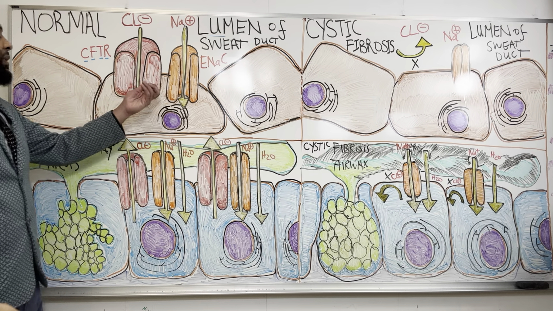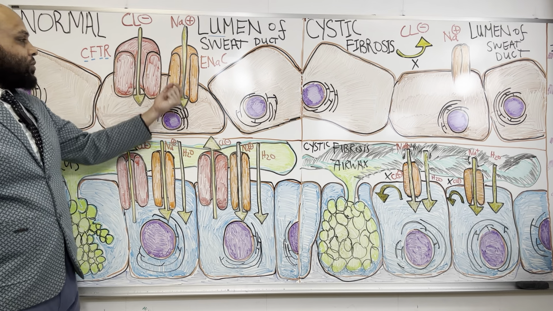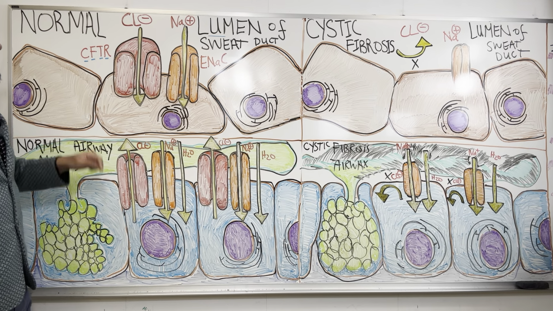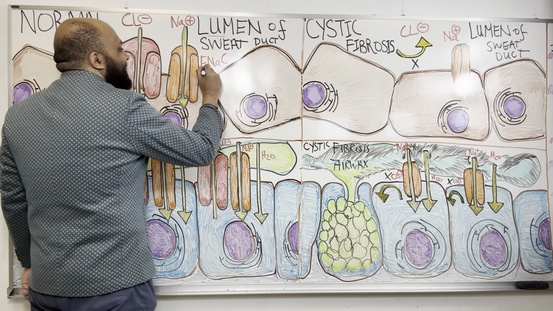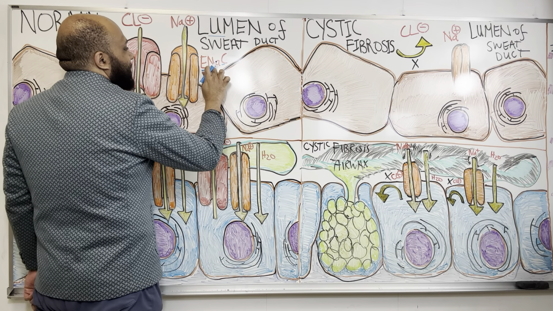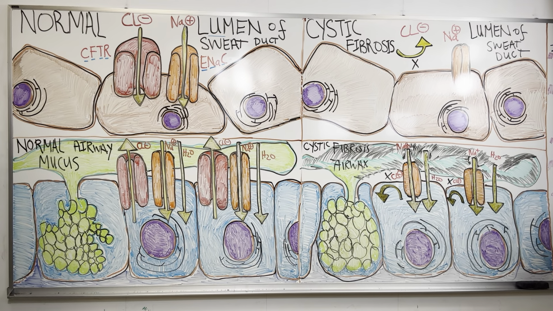What is the name of the sodium channel that brings in sodium from the lumen to the inside of the cell? It is not called CFTR, it is called the ENaC. ENaC, E-N-A-C, epithelial sodium channel. That is the name of the channel.